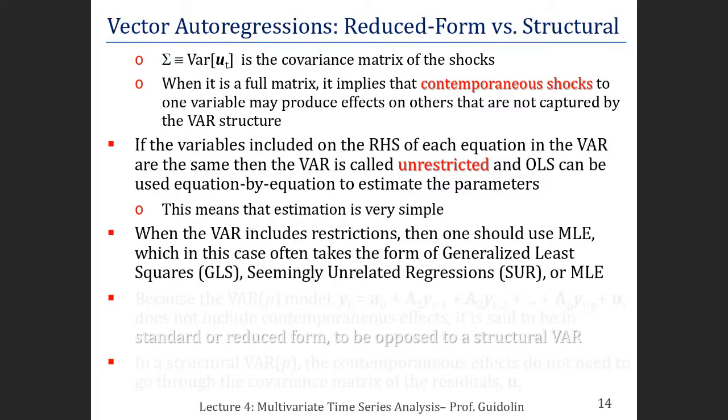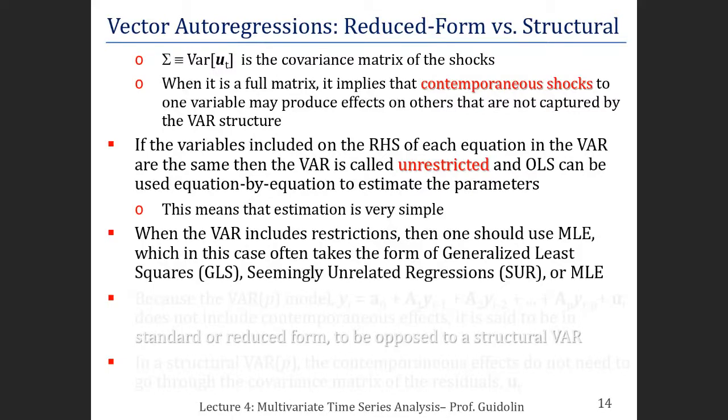When the VAR contains restrictions, then you cannot use OLS equation by equation. If you use OLS, you will be inefficient. You're losing information. You're not minimizing the standard errors. There are several ways to say it, but the point is that the method of estimation that you should be using in the presence of restrictions is, guess what? Maximum likelihood.